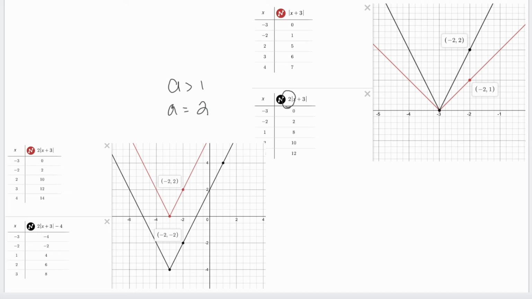So by putting in the equation where we left off, now putting in that vertical stretch, we know that vertically stretching, if I were to start at this particular point here, negative 2, 1, vertically stretching is affecting our y value by multiplying it by 2 for a vertical stretch.